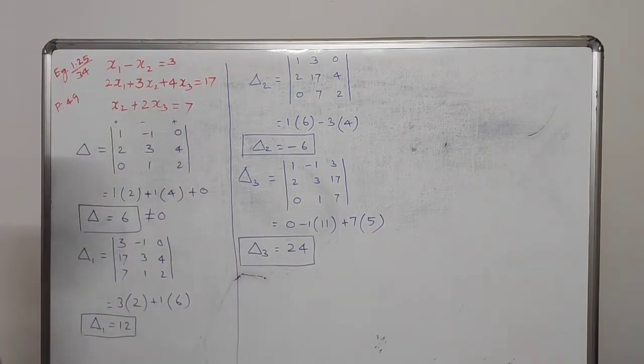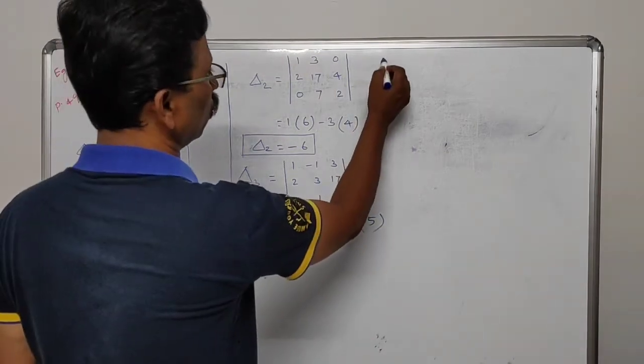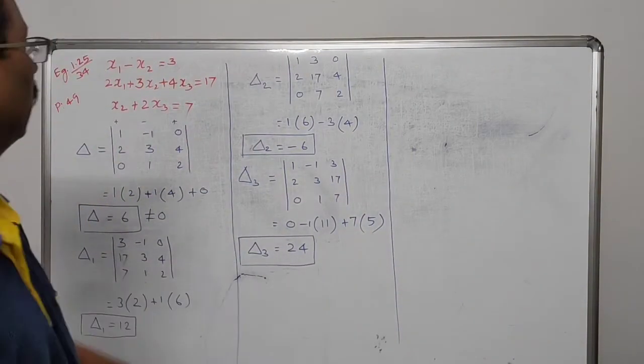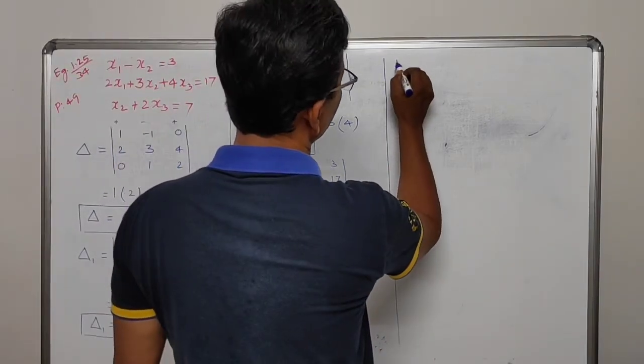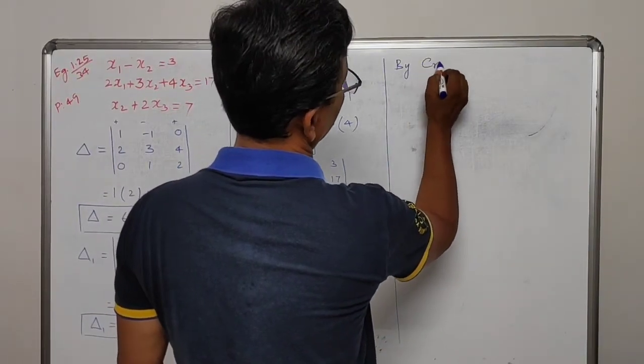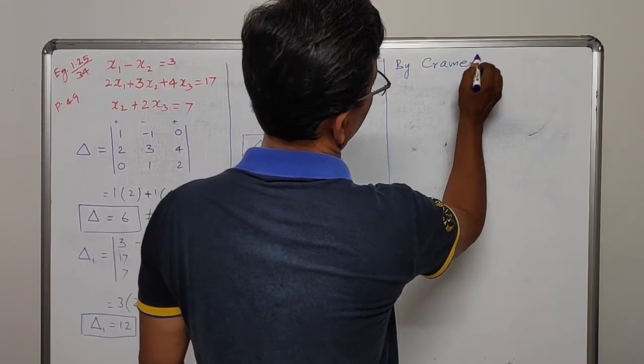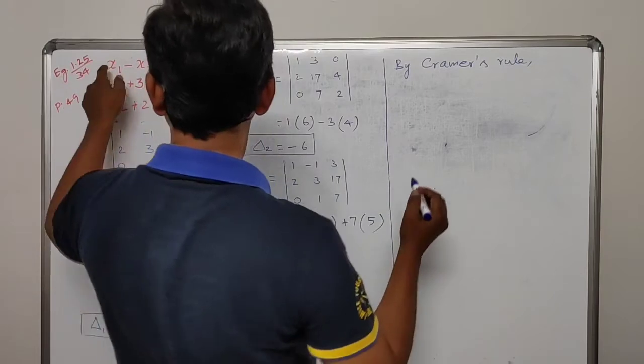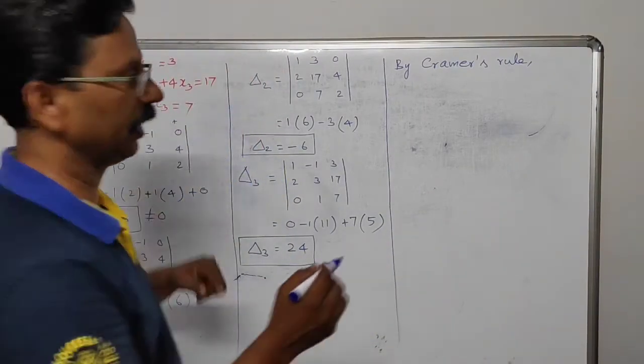Now, after finding these, we can use Cramer's rule to find the values of the three variables x1, x2 and x3.